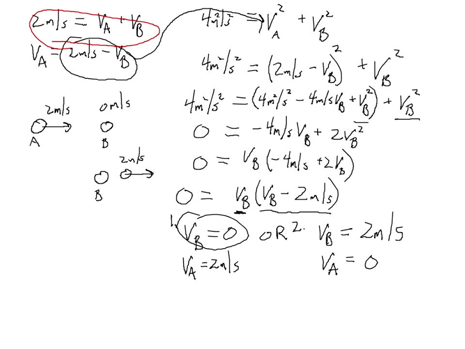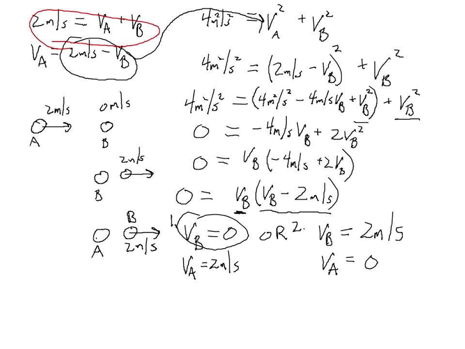Okay, option 2 is ball A is coming toward ball B. They collide, and then after they collide, ball A is just sitting there, while ball B is moving off with a speed of 2 meters per second. Well, that makes sense. And if you've ever played billiards or pool, then you've seen this happen, right?